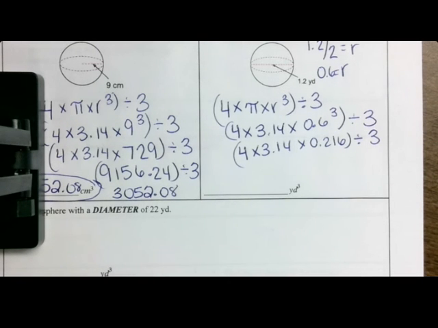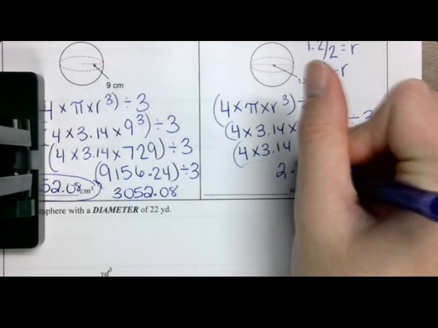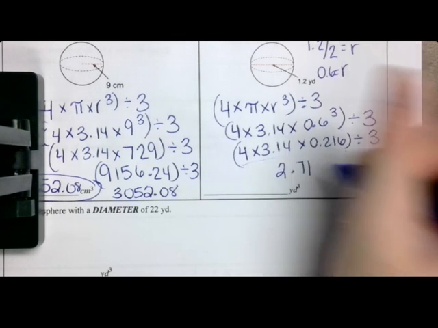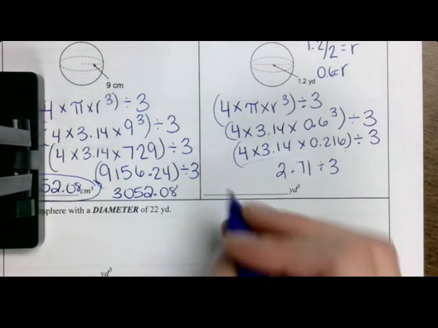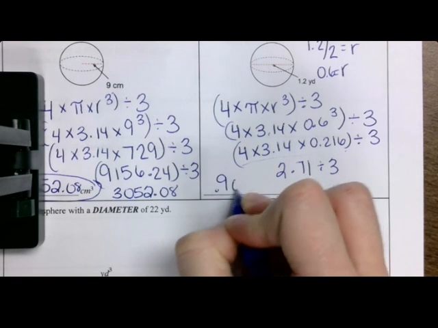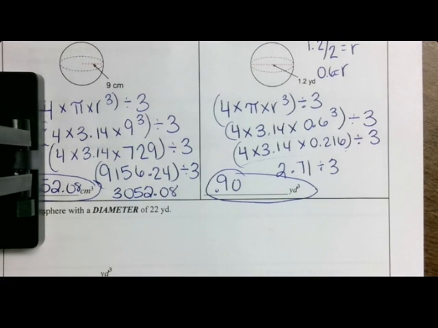So we have 4 times 3.14 times 0.216, divided by 3. Multiply straight across and you get 2.71, we'll round it, divided by 3, and that gives you 0.90. So that is the answer you should get.